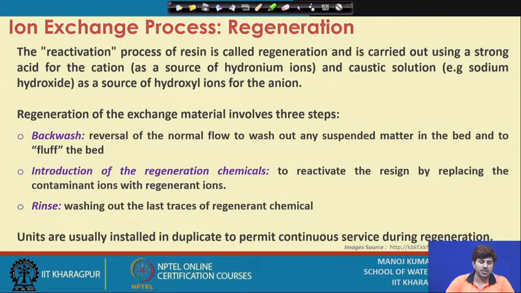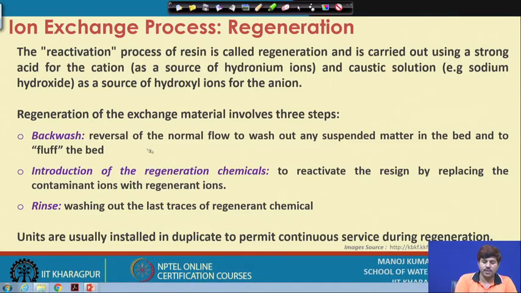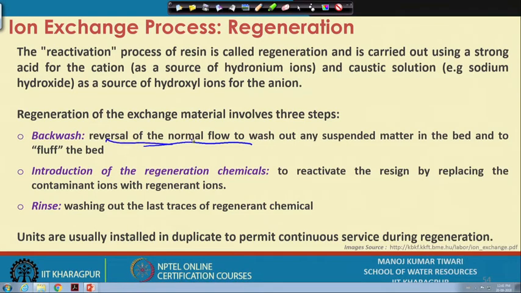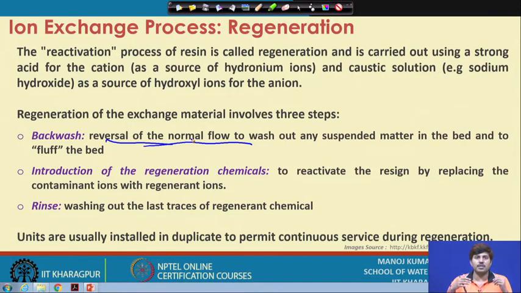First is backwashing, where the normal flow is reversed, to wash out any suspended material in the bed and make the bed fluff, so as to loosen the bed. Then we introduce the regeneration chemical, which, as we said, could be a strong acid for the cation resin, or a caustic solution if you want to regenerate it for the anions.